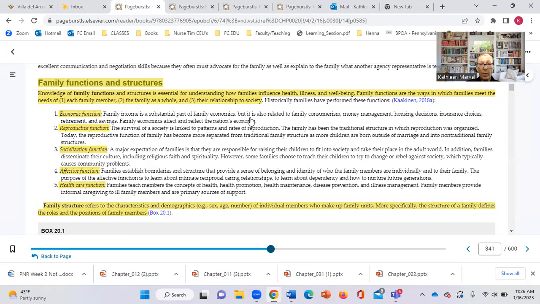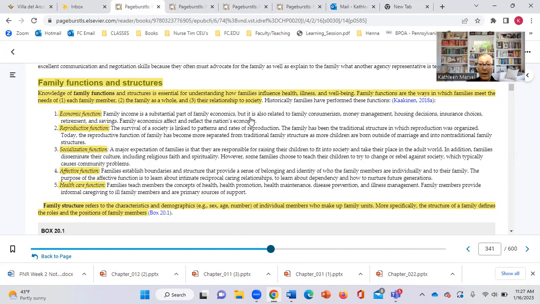Economic function, reproductive function, socialization function, affective function, and healthcare function. And you can read about each of these. Okay, it is essential to understand these 5 family functions to understand how the family functions with regards to health, illness, well-being.